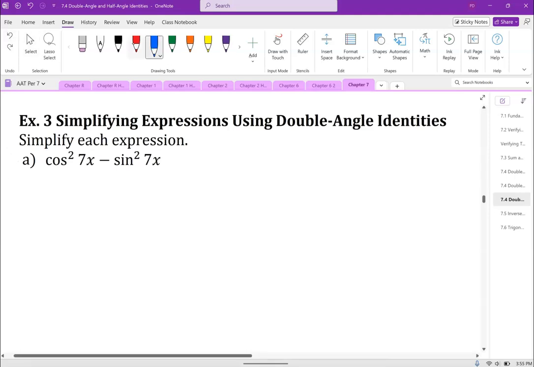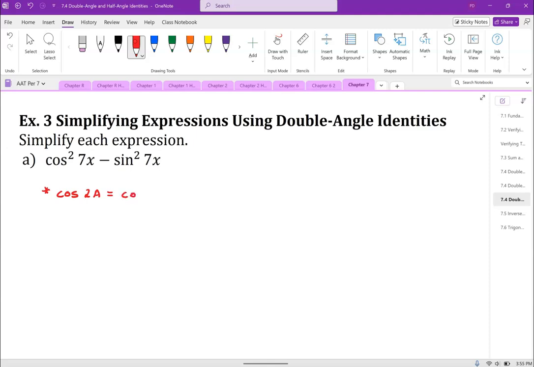So let's say cosine of 2a is equal to cosine squared a minus sine squared a. It definitely looks like this, right? It definitely does. And we're basically saying let a equal 7x.